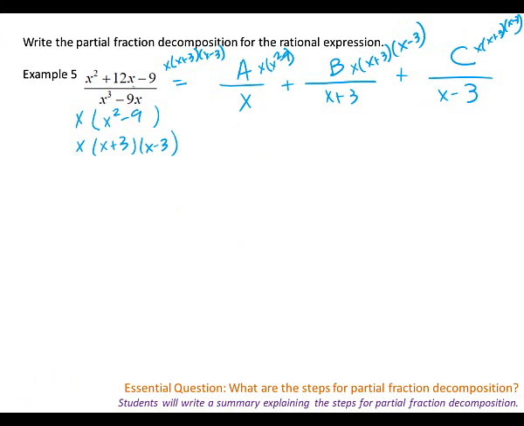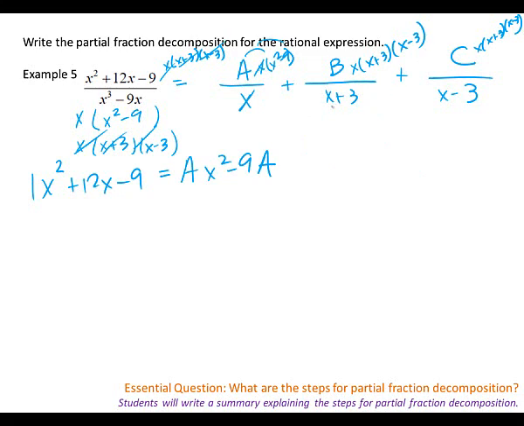Okay. So everything in the first one cancels, right? So we're left with 1x squared plus 12x minus 9. Whoa. In this second term, we know the x's cancel and I'm distributing in the a. So I get ax squared minus 9a.